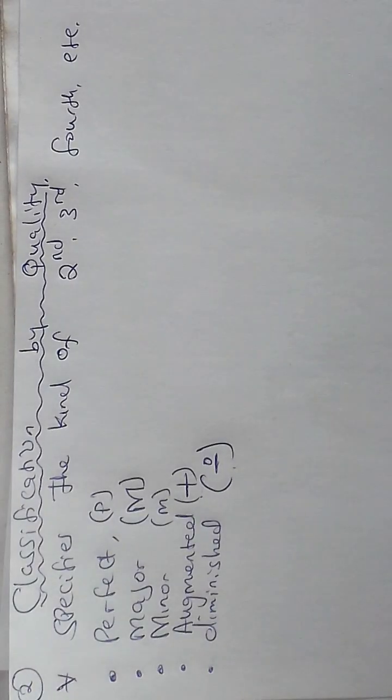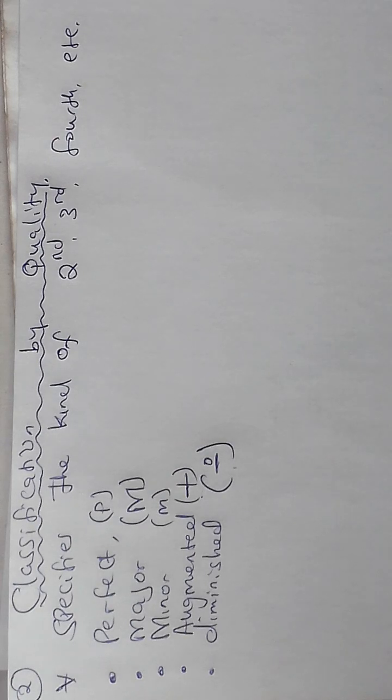Let's now get into details about consonant intervals. We have said consonant intervals are also referred to as stable intervals. How stable are they? We have just said dissonance sounds harsh, so consonant sounds sweet. How sweet? We'll see.